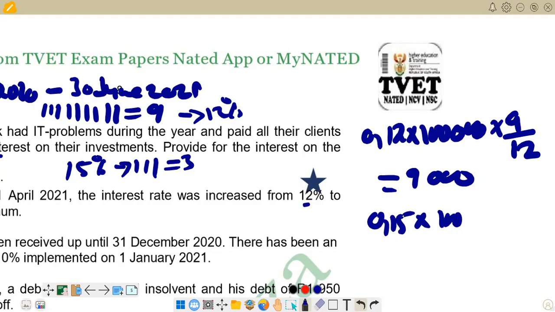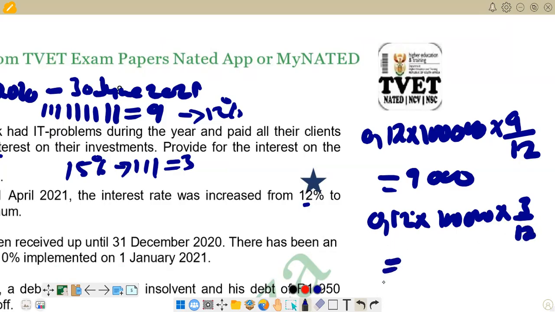So you're saying 0.12 times 100,000. And remember, it was for 3 months, so we're going to say 3 over 12.